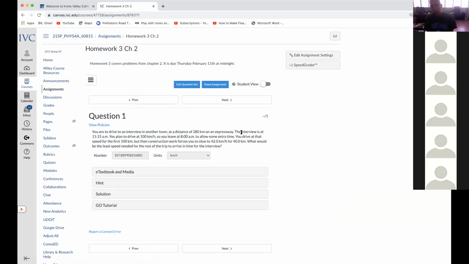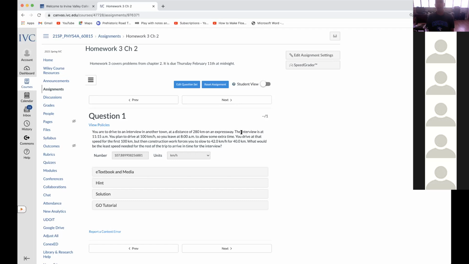You drive for the first 100 kilometers at 100 kilometers per hour, and then construction work makes you slow down for a certain distance, and then you have to complete the third part of the trip.